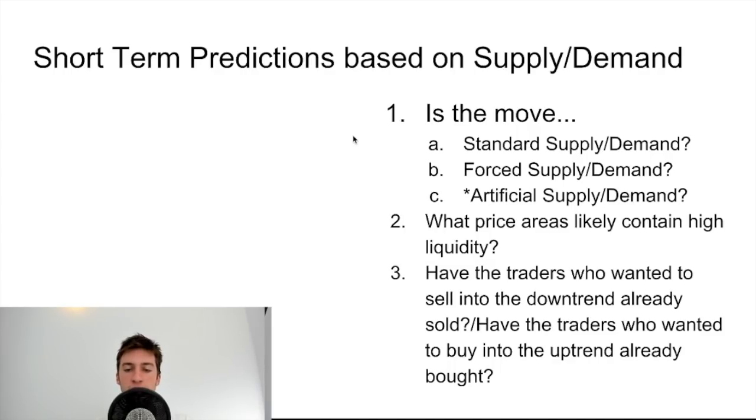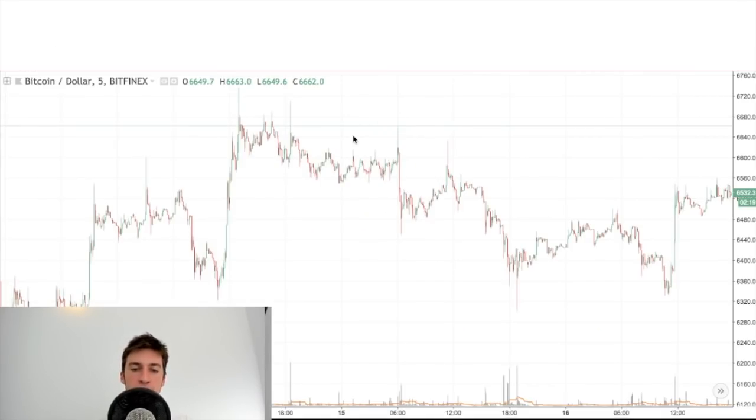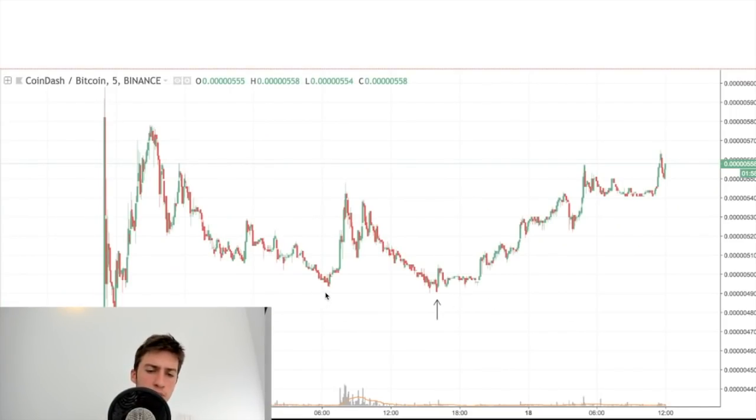We also want to ask ourselves what price areas likely contain high liquidity. Typically right below major lows and right above major highs, we get high amounts of liquidity. So there's a liquidity pool here that was tapped into right here, as you can see. And then we also had a liquidity pool, not as big, but still one, likely right below here, as any traders who had bought in here likely put their stop losses right here. They get hit, price goes higher.